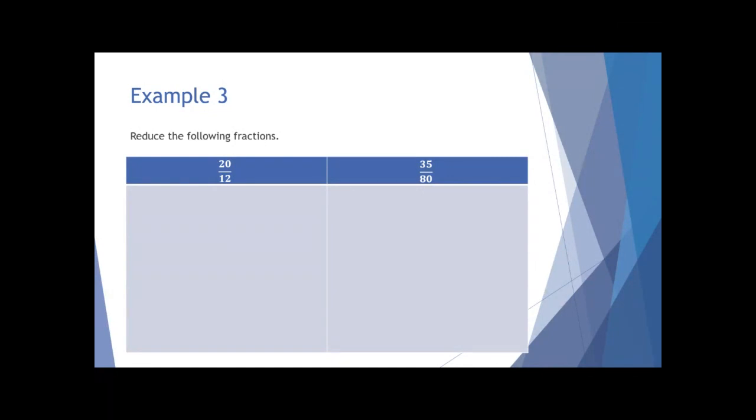So this 20 over 12, we can reduce this any way you want. We can do the prime factorization method, or we can do the division method. And actually, Blackboard Collaborate here allows me to create a poll. So I'm going to create a poll and ask you guys, which method do you want me to use? Prime factorization or division? That poll should now be popping up on your screen, and then just click which method you want me to use to do these.